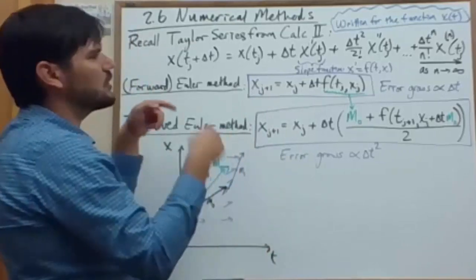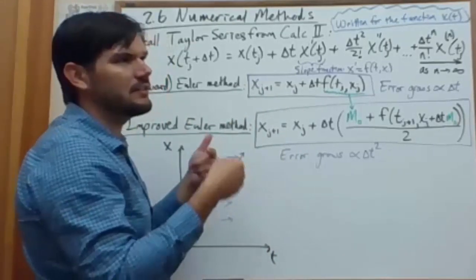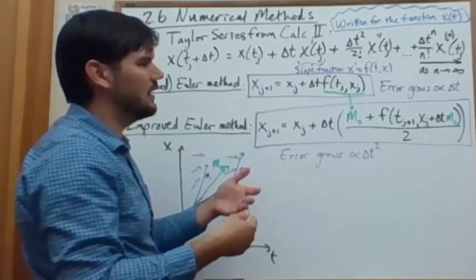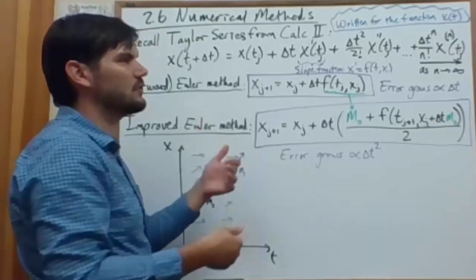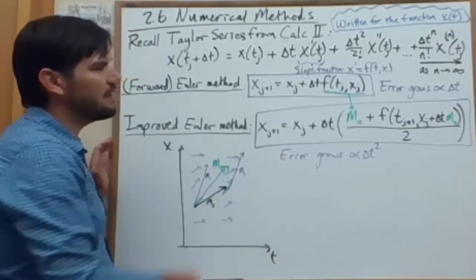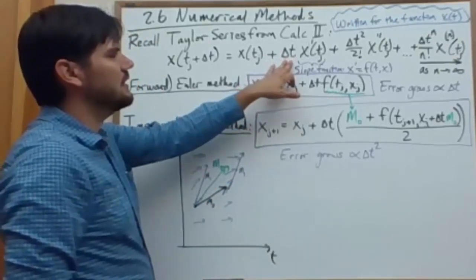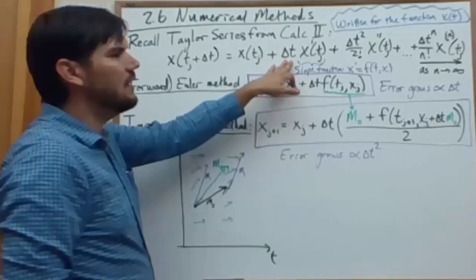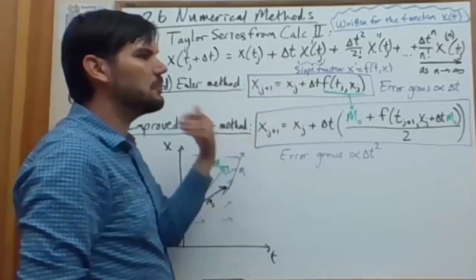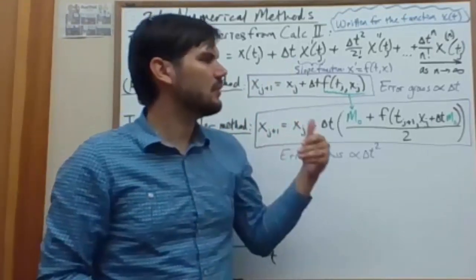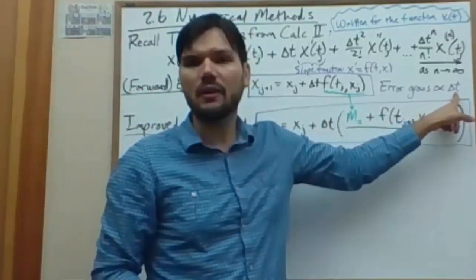They're not functions of t. They're discrete valued functions that approximate that function x of t. Now this particular approximation, since it goes up to the first power of delta t, our error will actually grow proportional to that. We call it a first order method because the error grows proportional to the first power of delta t.